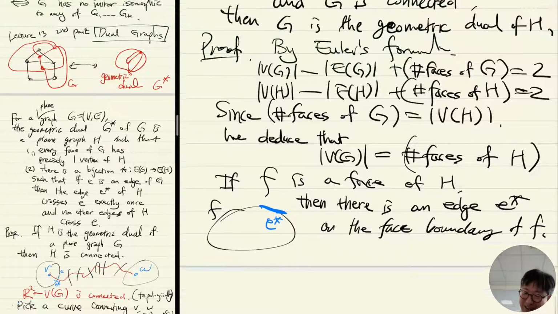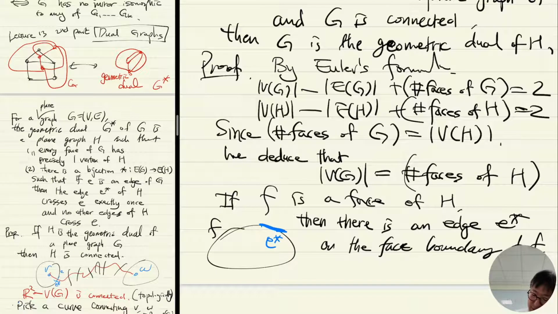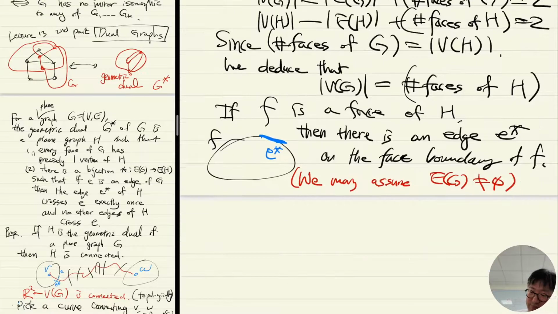So I should add a warning mark. We may assume the set of edges is not empty, right? Otherwise you cannot choose E star. All right, so there is an edge on the face boundary.